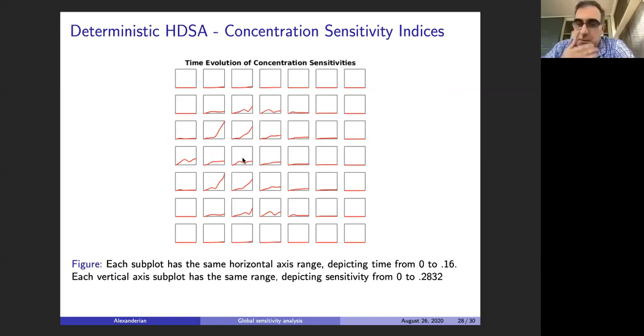So that indicates those observations are important. And then we see very little sensitivity to sensor data coming from some other sensors, which possibly indicates those sensors are probably not very useful. You don't necessarily need to take those measurements. So, this is a type of insight that this hyper-differential sensitivity analysis can provide on an inverse problem.